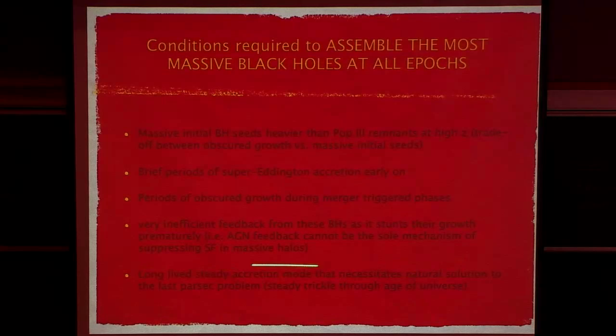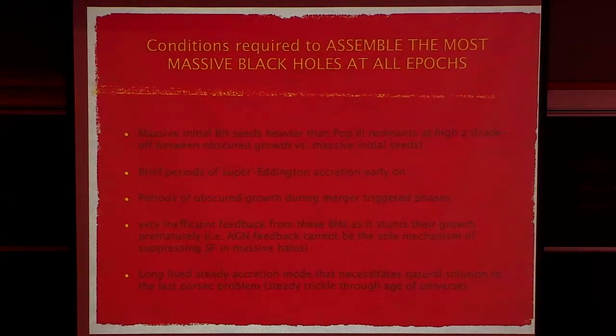One thing that's very interesting that I want to close with is that in our strong desire to solve the problem of quenching star formation at late times, people have used AGN feedback a little too effectively. That prematurely stunts the growth of black holes, and leads to an inability to produce the massive end of the black hole mass function at low redshifts.